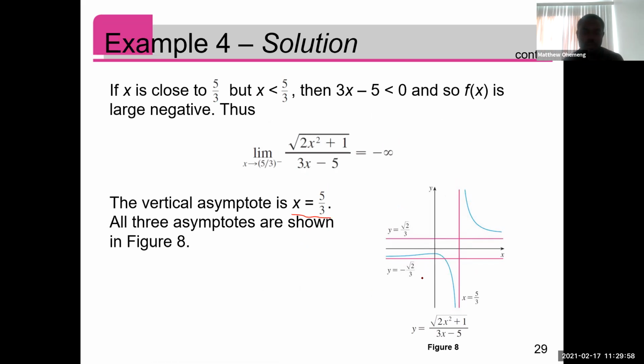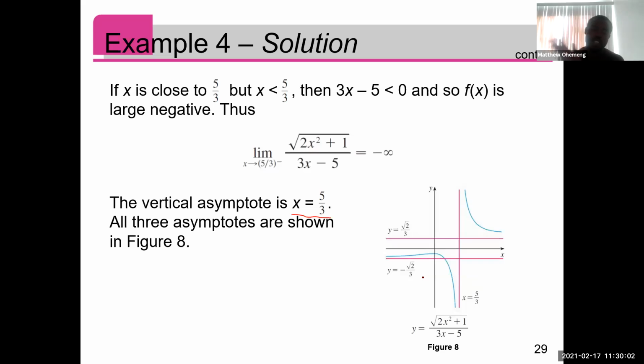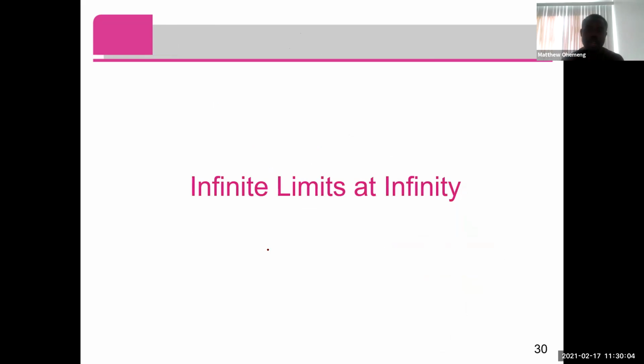Okay, so then let's move on. So that's it for vertical asymptotes and horizontal asymptotes. Now we are coming to the next topic, which is infinite limits at infinity. We've already learned about infinite limits, and we also know about limits at infinity. So infinite limits at infinity is just a combination of the two.